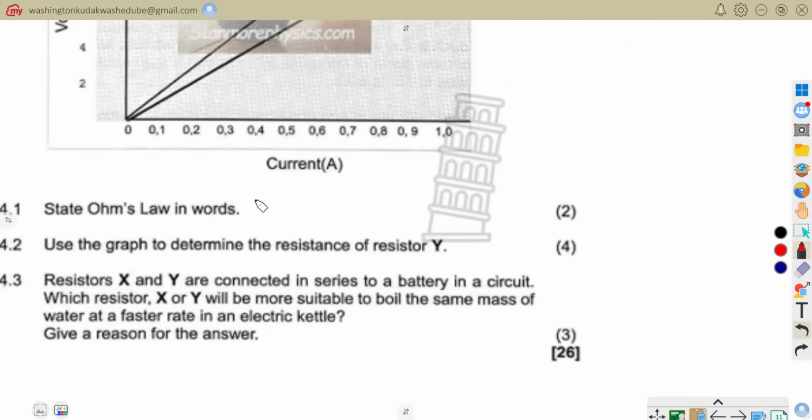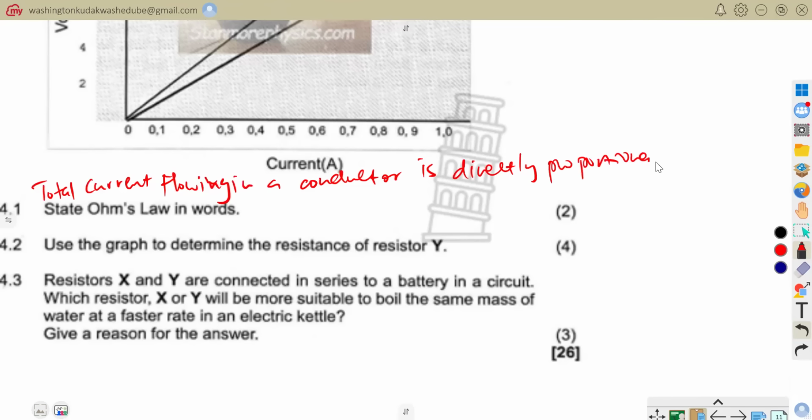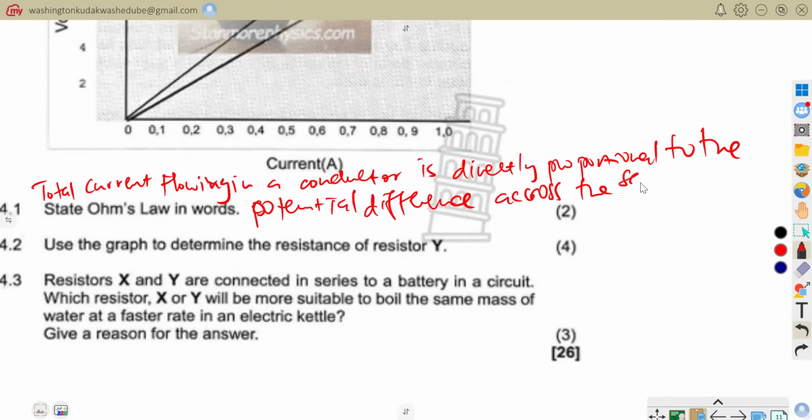It says that the total current flowing in a conductor is directly proportional to the potential difference across the same conductor, given that the temperature remains constant.